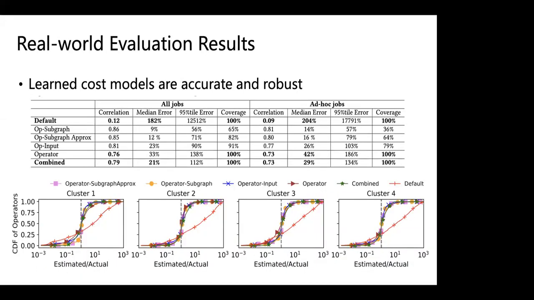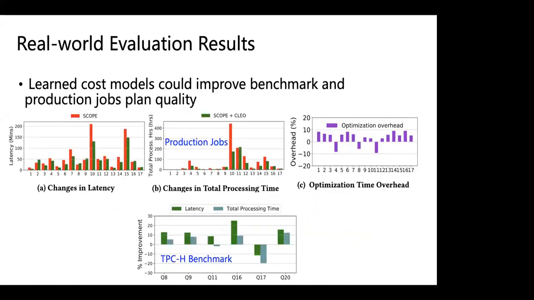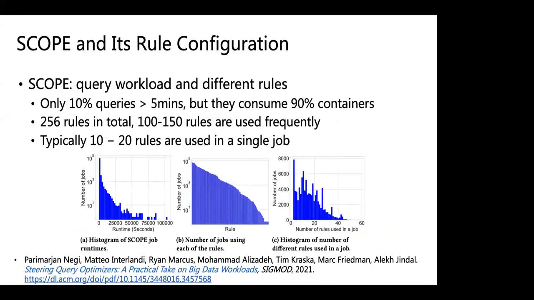From the evaluation results on SCOPE's real workload data, we can see that the learned cost models, especially the combined one, are accurate and robust, and improve both benchmark and production jobs' processing time and query plan quality.